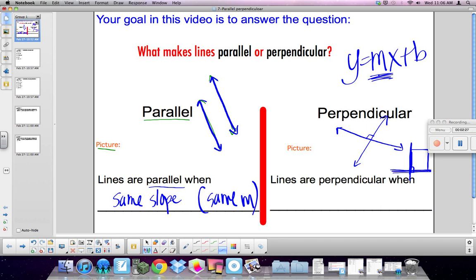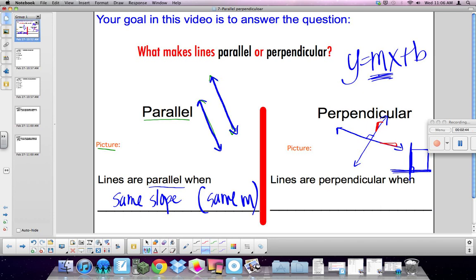What happens with these guys is their slopes are going to be different. So here's my slope of my perpendicular one line. If I look at my slope of the other line, it's actually the exact same triangle, but turned. It's the exact same slope triangle, but turned.